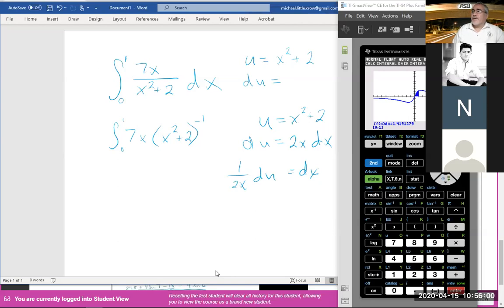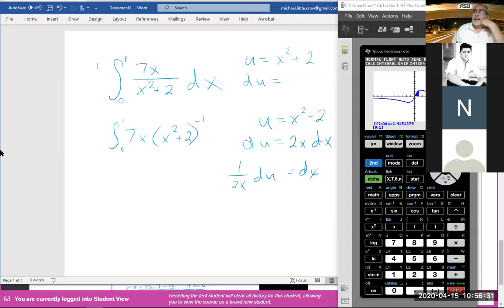I actually did mine completely differently without substitution. I did 7x times x squared plus 2 to the power -1, and then I took the derivative of it, so I changed it to 7x squared times x squared plus 2, just zero now. Then I plugged in the values like that, and then subtracted.